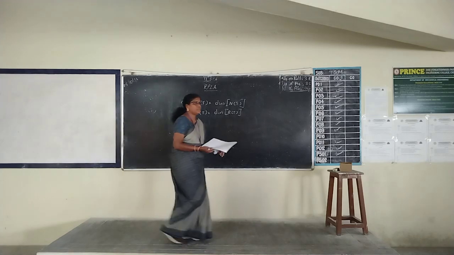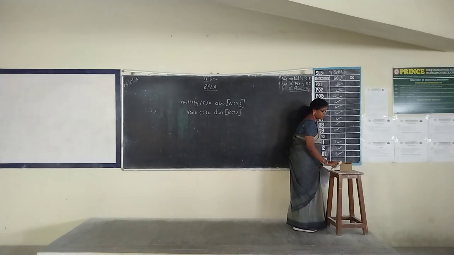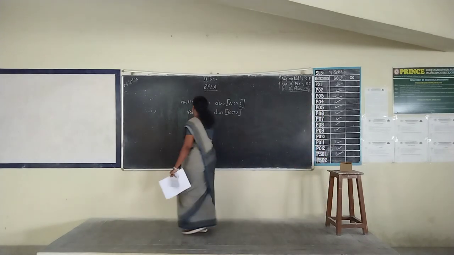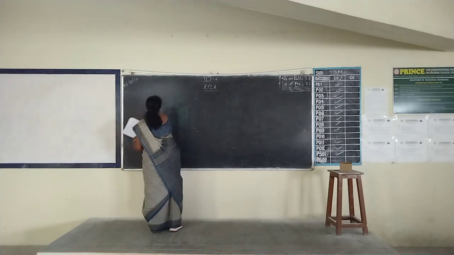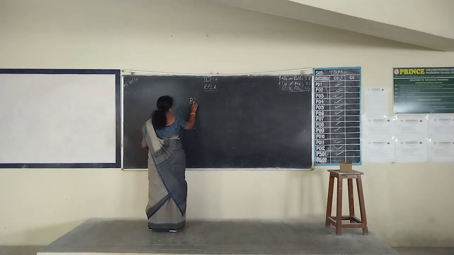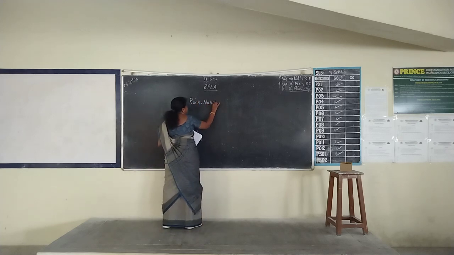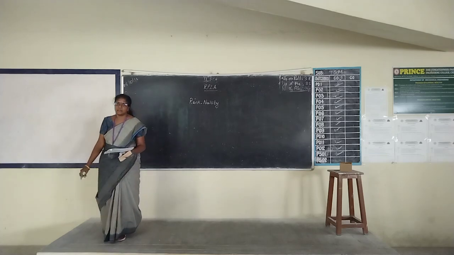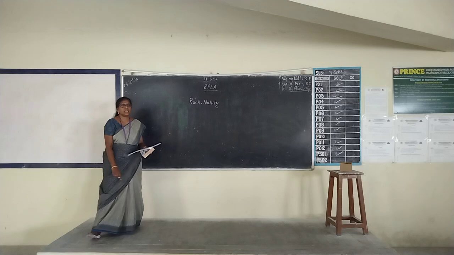Dimensional theorem, or rank nullity theorem. An equation connecting rank and nullity. So take down the statement.